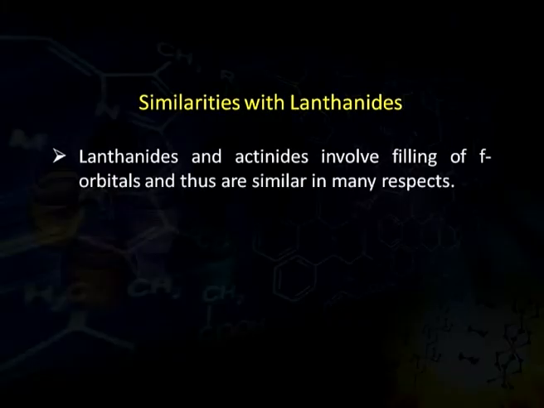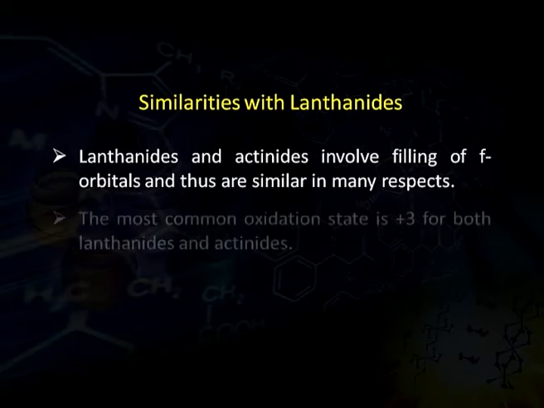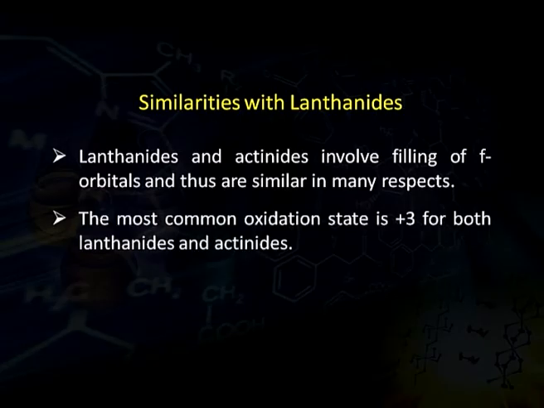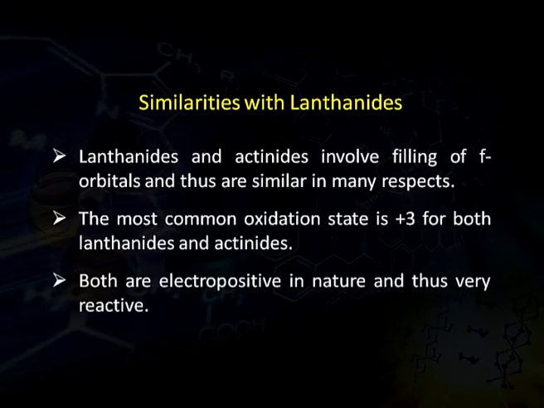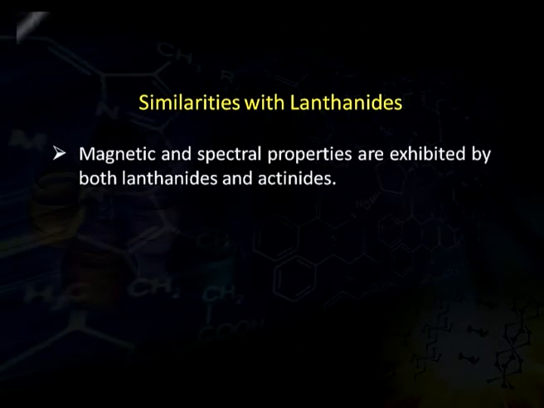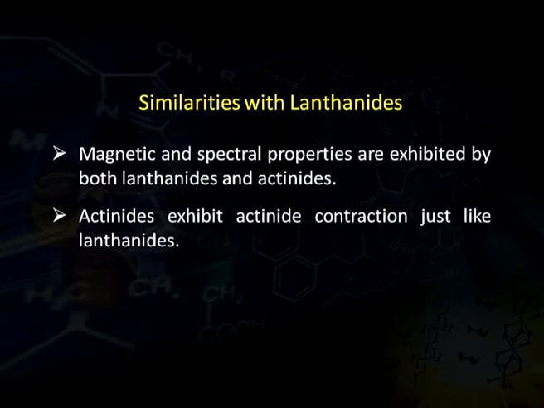The lanthanides and actinides involve filling of f orbitals and thus are similar in many respects. The most common oxidation state is +3 for both. Both are electropositive in nature and thus very reactive. Magnetic and spectral properties are exhibited by both.